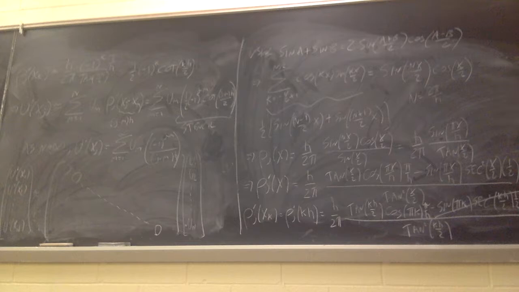Cosine is also going to 1. So I can forget about those. And then I have the tangent over tangent part, which is bugging me. That's something I have to think about more.